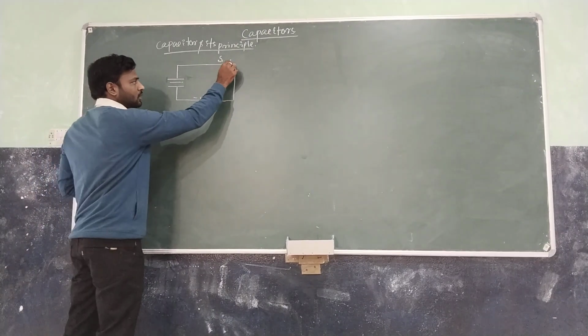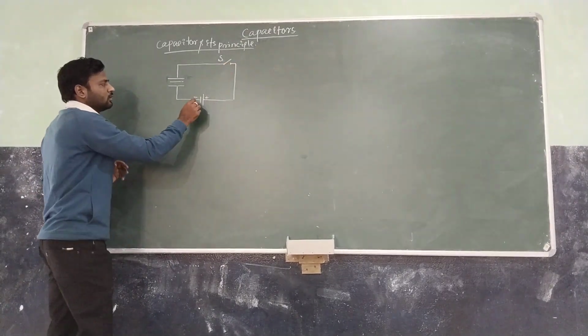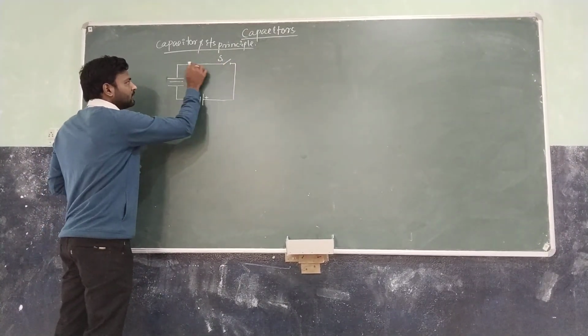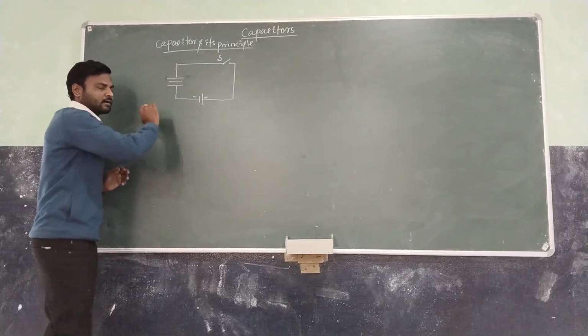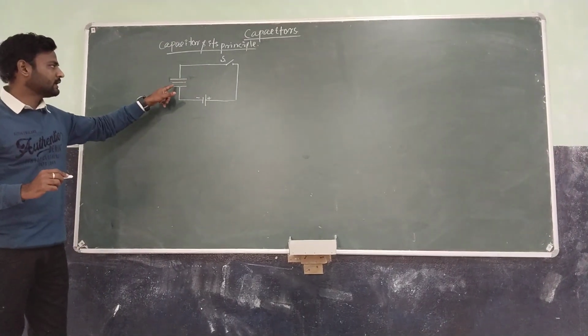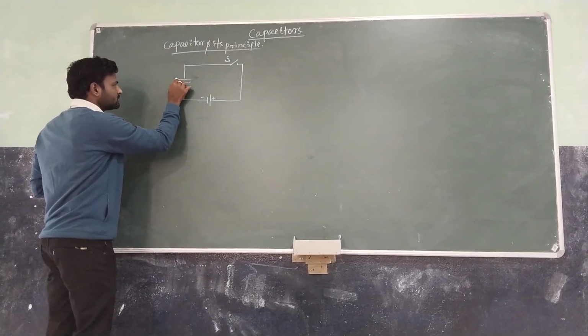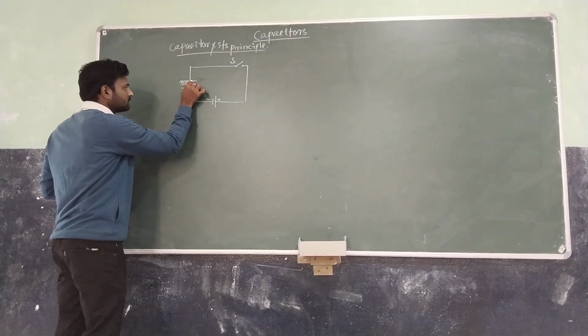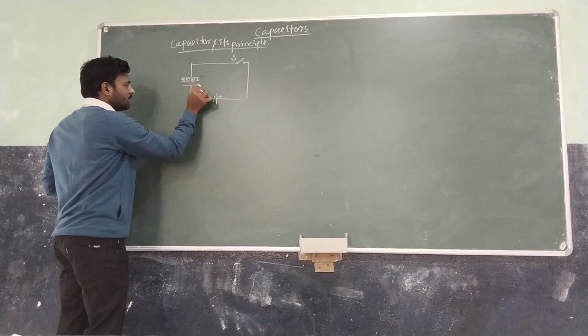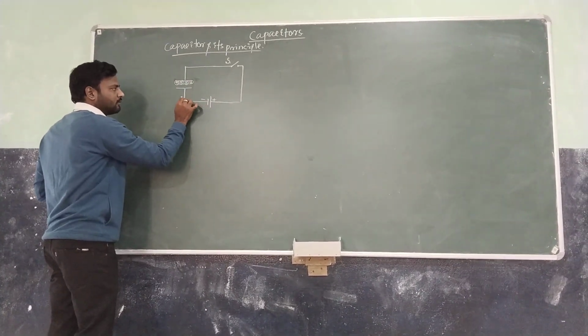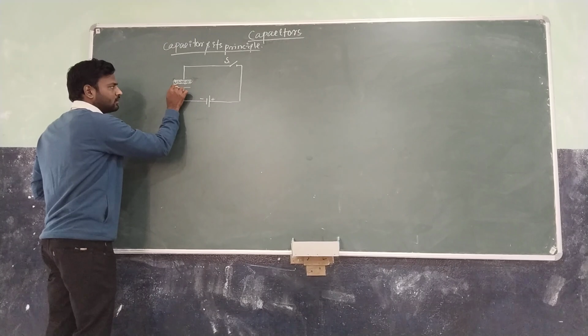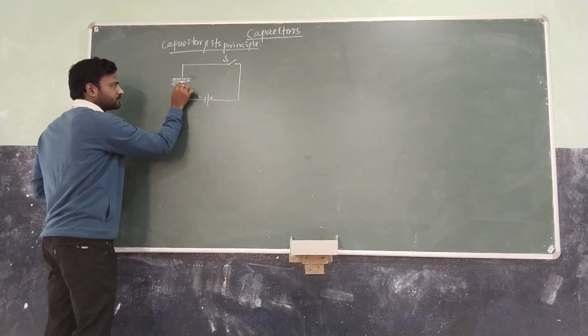Whenever we switch on, the positive side is applied to the capacitor and it gets positive charge here, and the negative terminal of the battery provides the negative charge here.